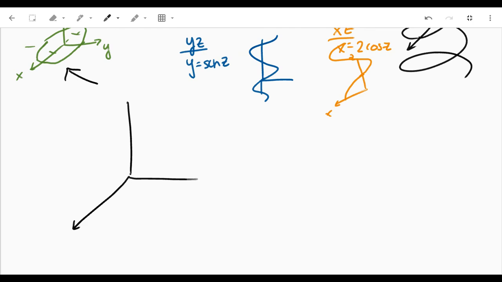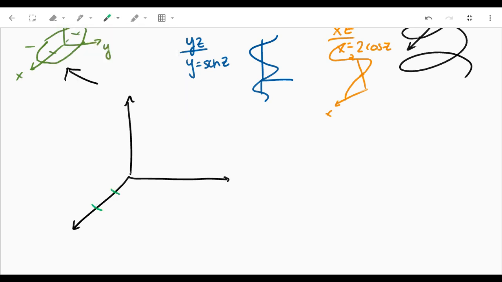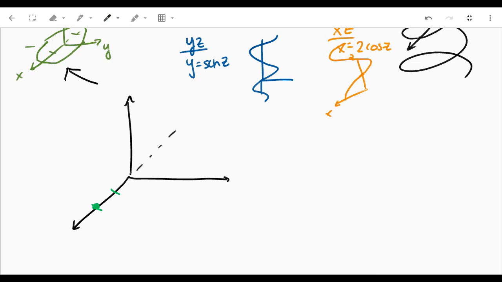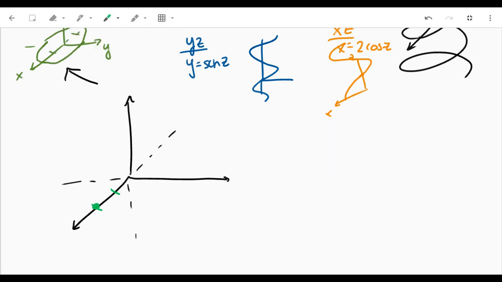Okay, some points that we know are on it. So we've got the (2, 0, 0). Again, you can scroll up if you want to see those again. The (2, 0, 0), the (-2, 0, pi).